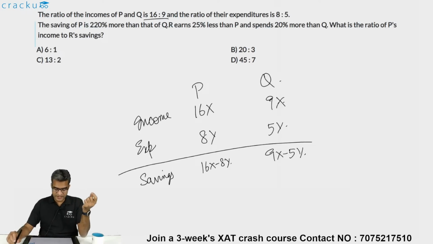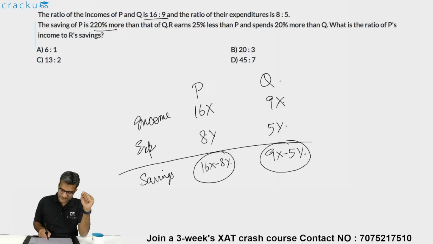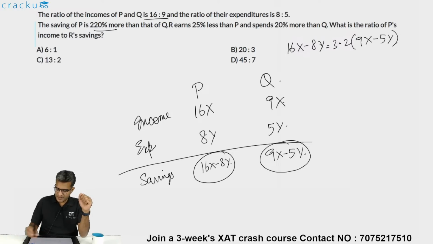Now what we know is that the savings of P is 220% more than that of Q. So this is 3.2 times this. Basically, 16x minus 8y is equal to 3.2 into (9x minus 5y). This is equal to 28.8x minus 16y.